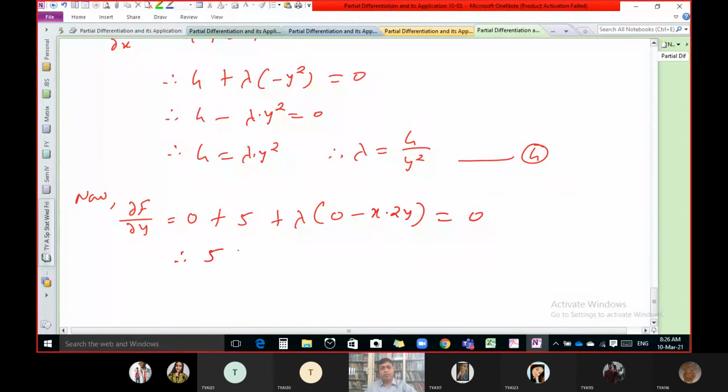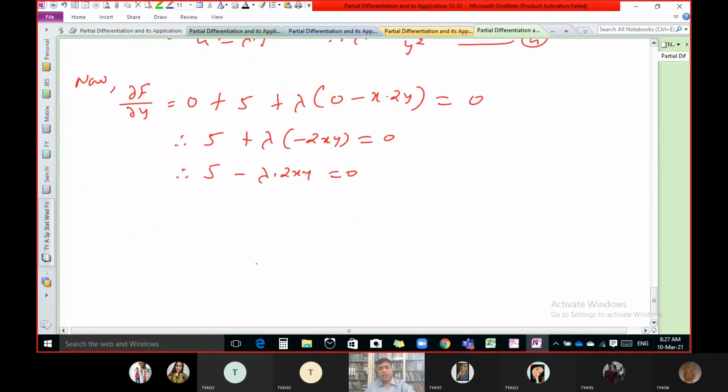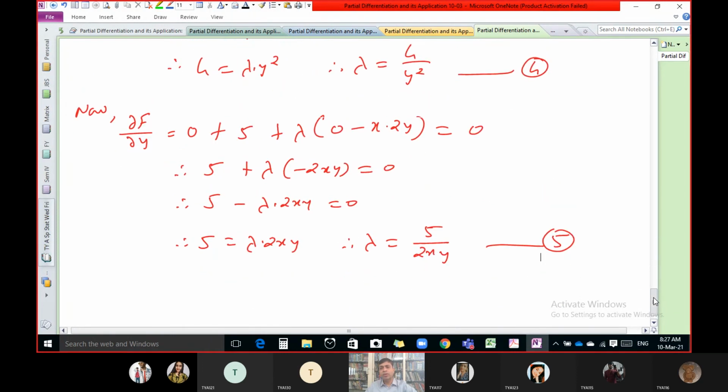So we get 5 minus lambda into 2xy equal to 0. Take lambda into 2xy to the right hand side. So we get 5 equal to lambda into 2xy. So we get lambda equal to 5 upon 2xy. Equation number 5.